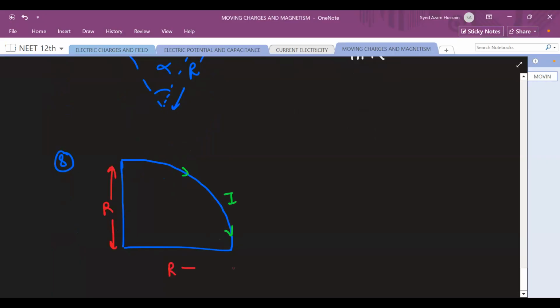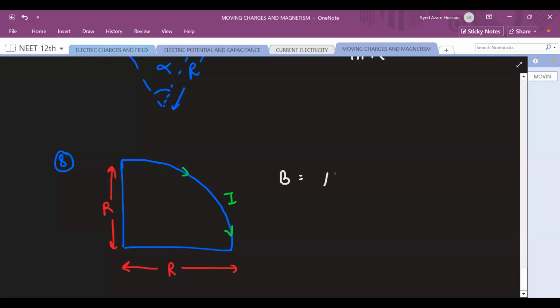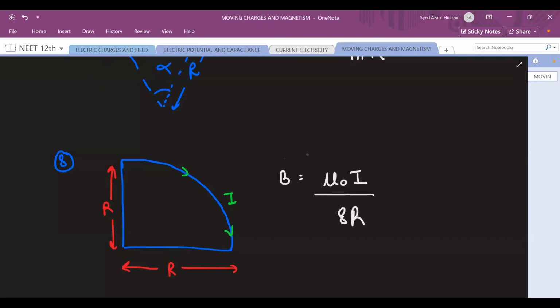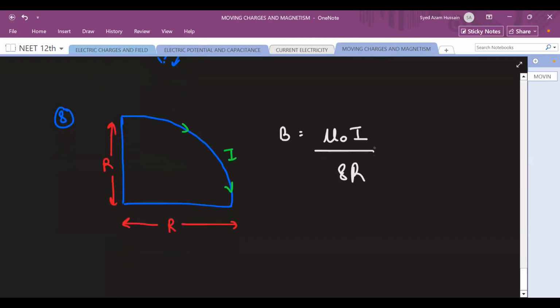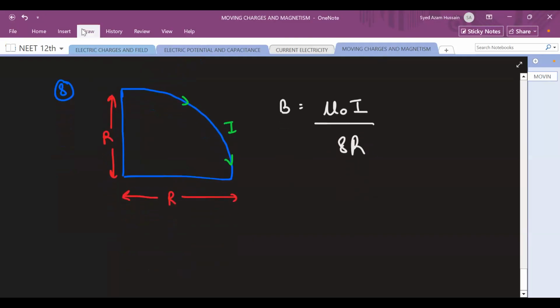So the magnetic field will be B is equal to mu naught I divided by 8R. You need to remember this value directly. The rest of the directions will be given by the right hand thumb rule.